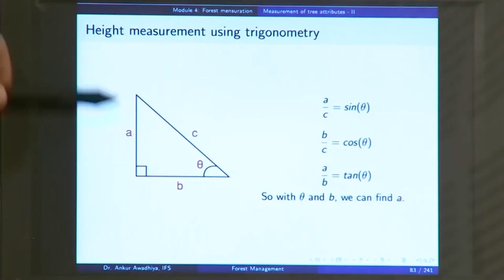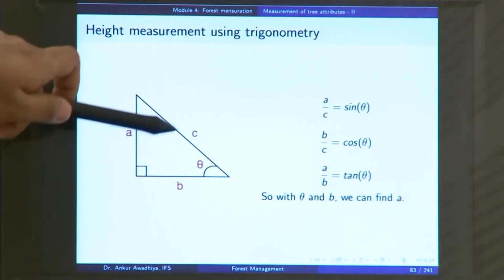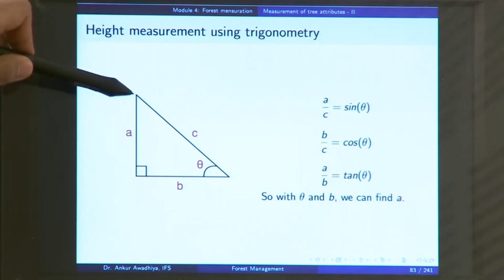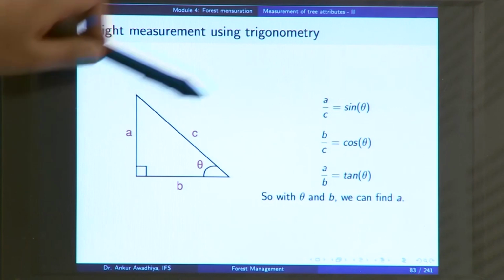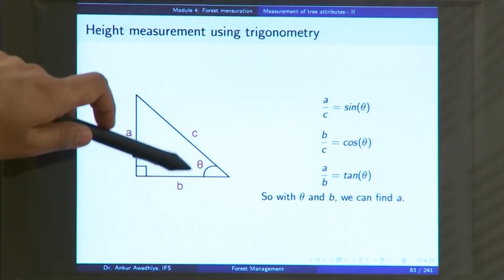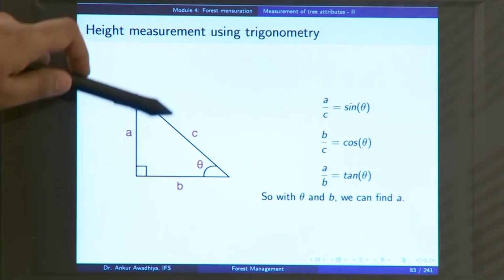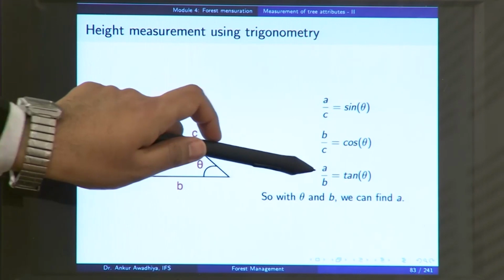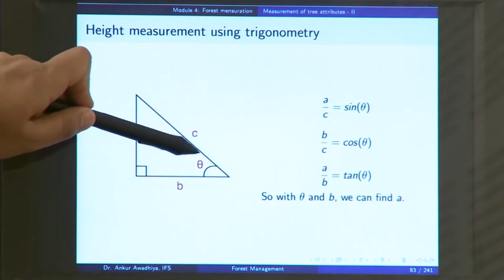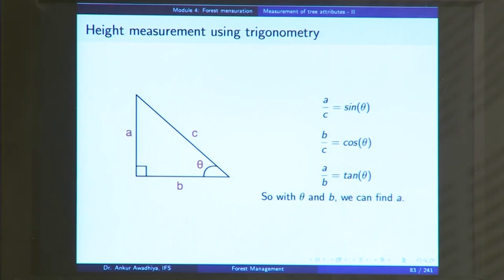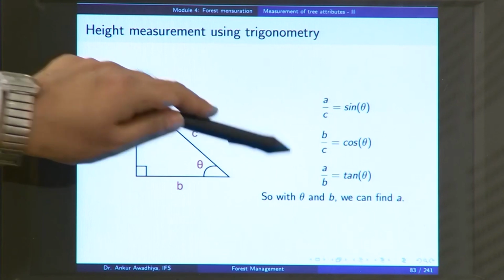So, in this triangle, if we have these values a, b and c, then A by C, that is the opposite side divided by the hypotenuse, is sin theta. B by C, which is in the case of this angle, the adjacent side divided by the hypotenuse, is cos theta, and A by B is tan theta. So, if you can measure the value of this theta and if you can measure the value of B, you can find out A by using A by B is equal to tan theta.